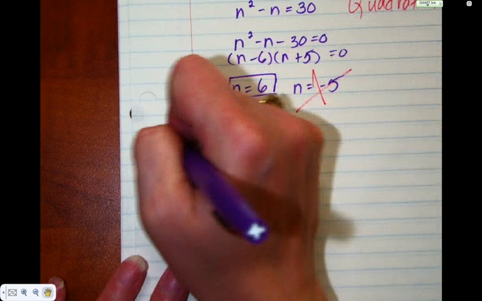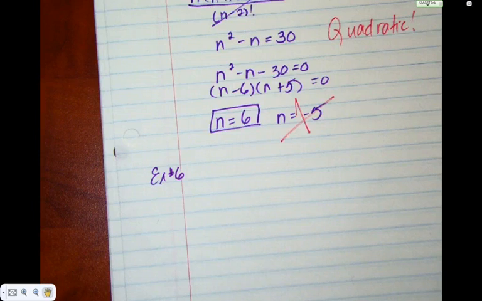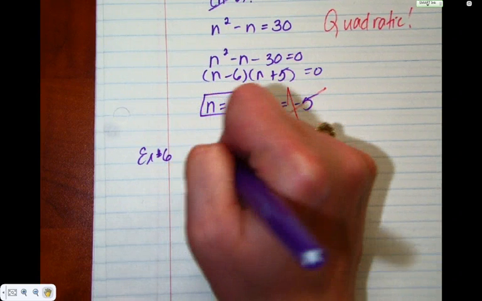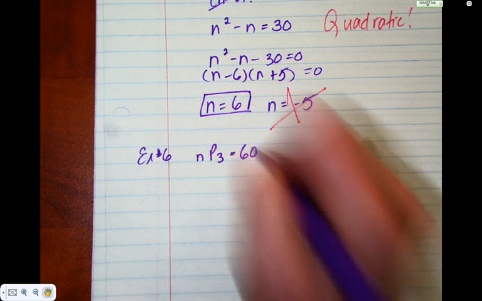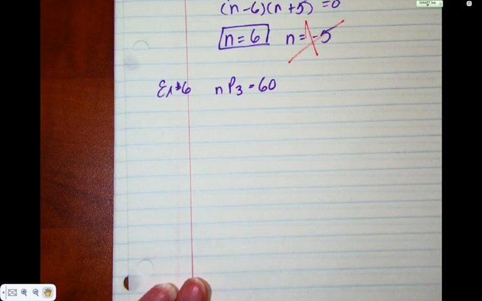Number 6. Ooh, we missed step 3. For the people writing it down, step 1, formula. Step 2, simplify. Step 3, solve. Convert to the formula.